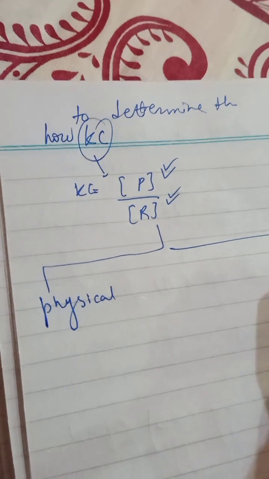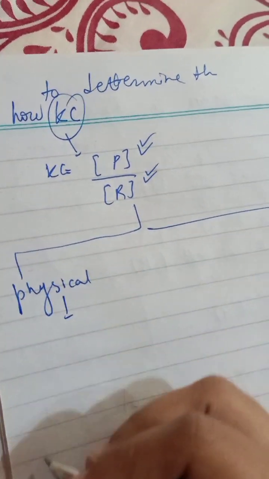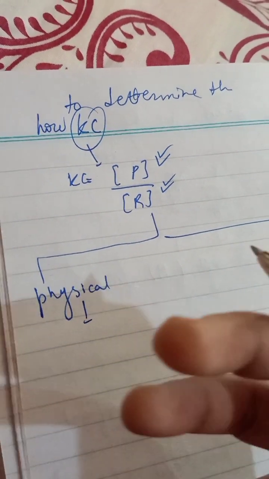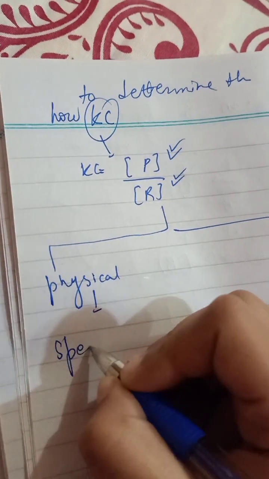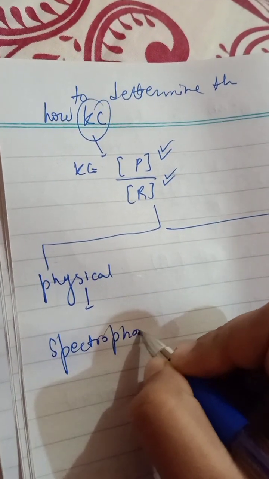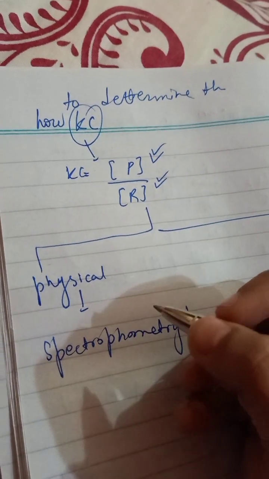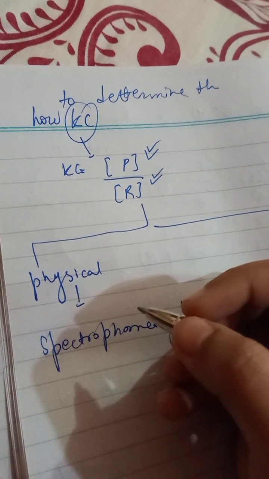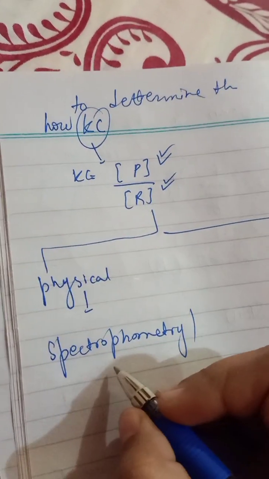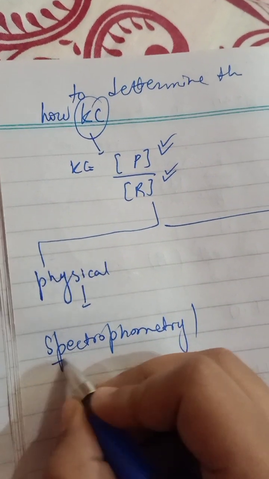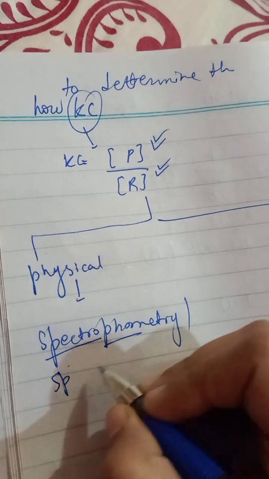If we talk about the physical method, that is basically to determine by a device, that is spectrophotometry. This is basically a device or a technique from which we will find out the Kc. If we talk about spectro, as you all know, this is the spectrum, and photo means light.